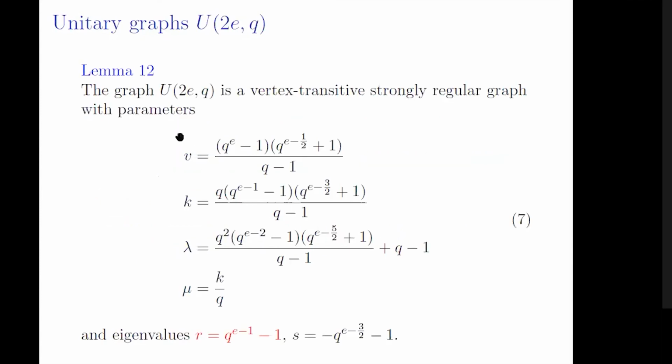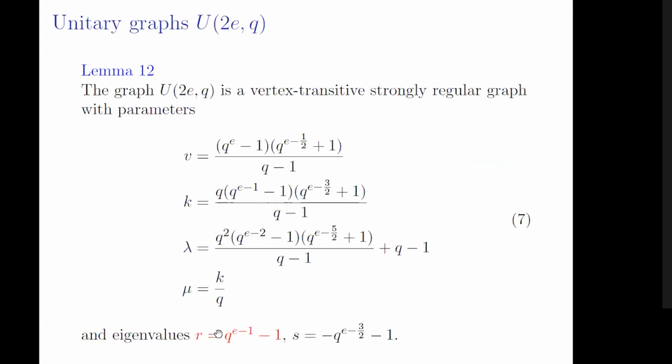This graph is known as a vertex transitive strongly regular graph, and if we take n to be equal to 2e, then we have the following set of parameters.